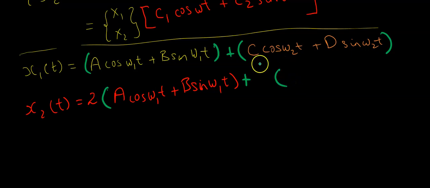You're going to say, well, x1 in the second mode, or omega 2, oscillates with C cos omega 2t plus D sine omega 2t.